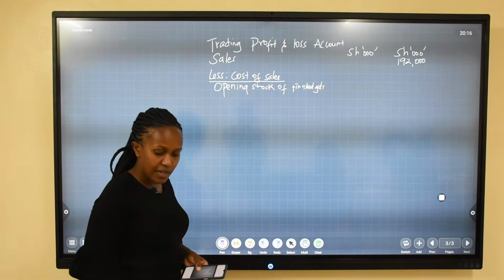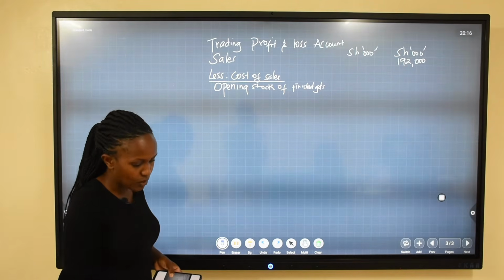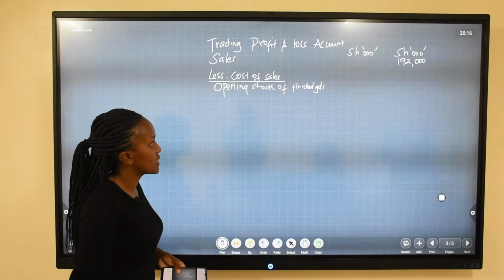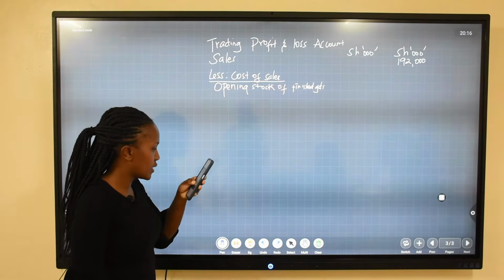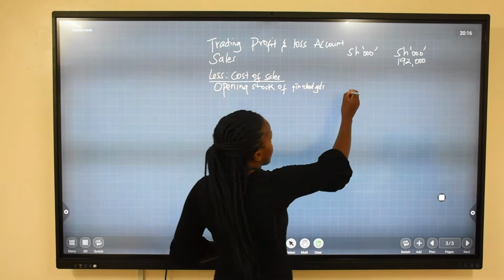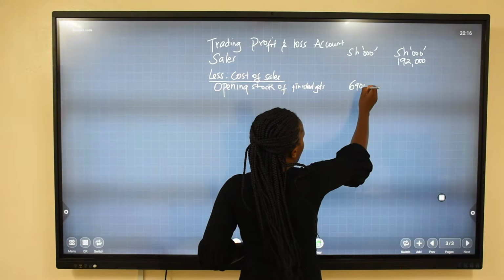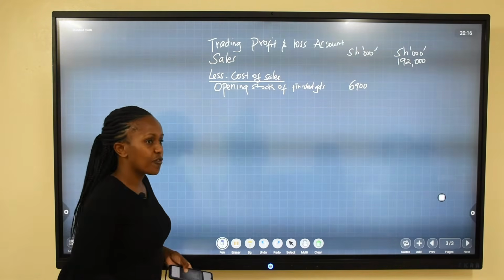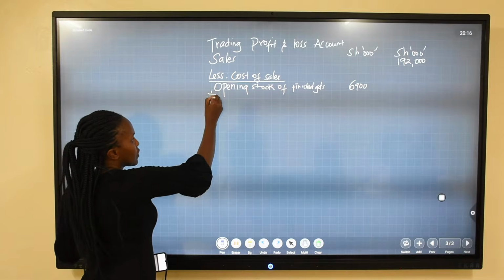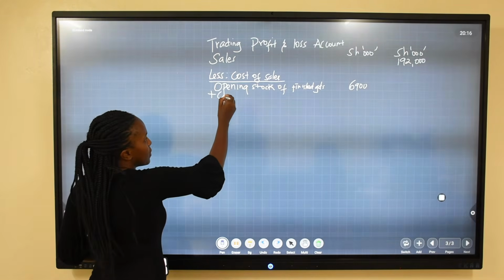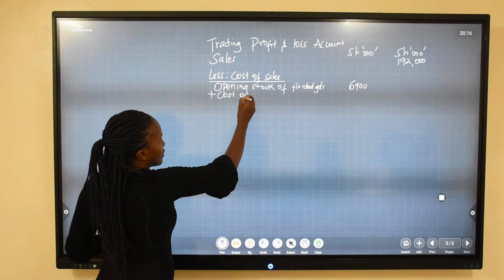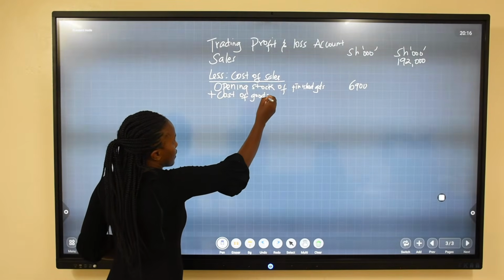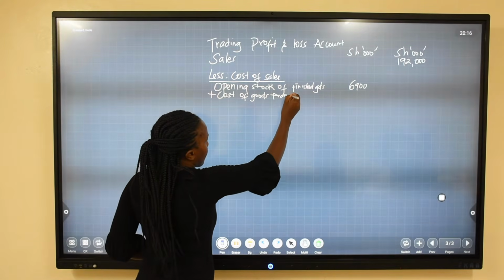So the opening stock we are referring to here is not opening stock of raw material or work in progress. It is the opening stock of finished goods, which we had been given as 6,900. In the place of purchases here, where we add purchases, we are going to add cost of goods completed and transferred.